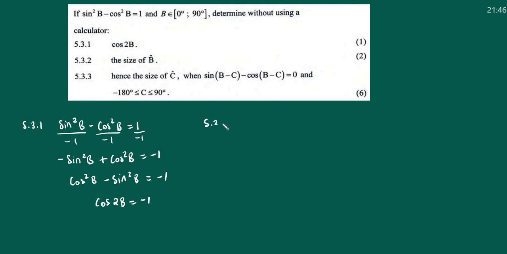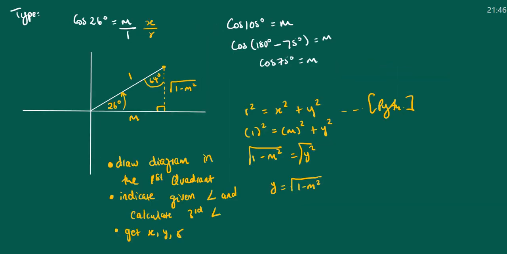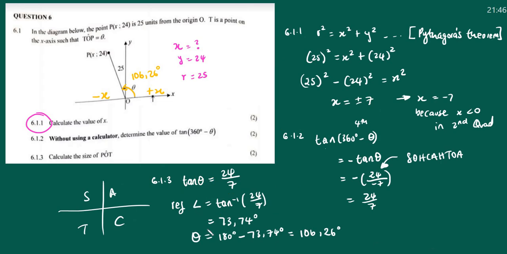Now let's do 5.3.2. If you remember, from the question we just did, we managed to find theta, but we used the calculator. Let's be honest, we used a calculator, because the instruction did not say without using a calculator. But I want you to look at this one now.